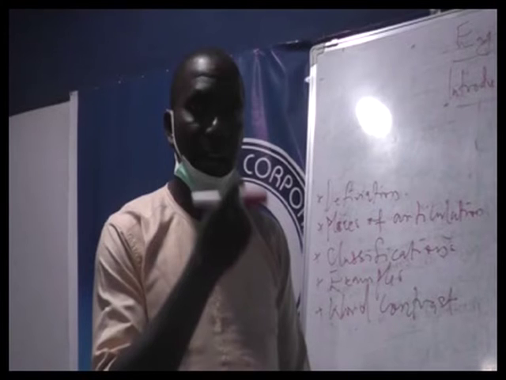Then the last one here, which is a k sound, and a g sound, also have the same place of articulation. The difference between the two is that the first one, k, is voiceless, and the second one is voiced. An example here, you have kick, K-I-C-K.